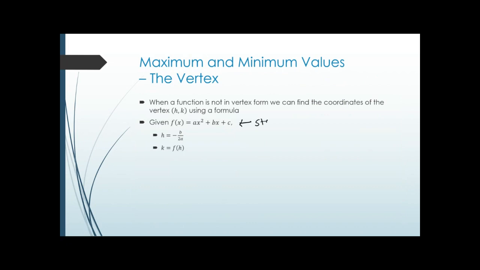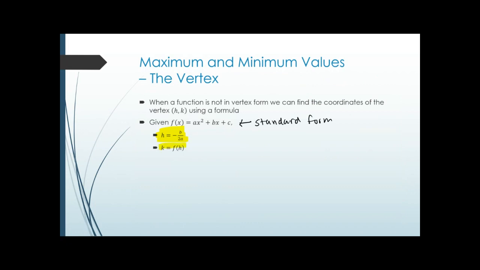This example is generally standard form. Vertex form tells you the vertex, but standard form does not. So we actually have formulas to figure those out, and that's going to come in handy. The h value, the formula is negative b over 2a.